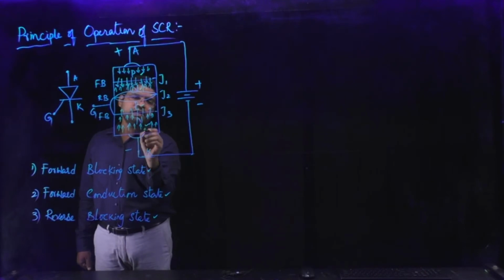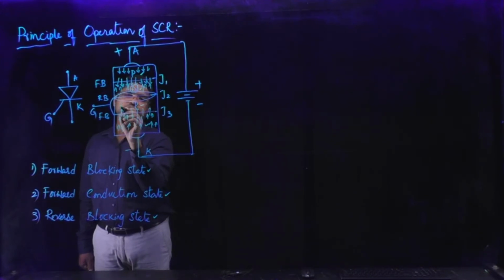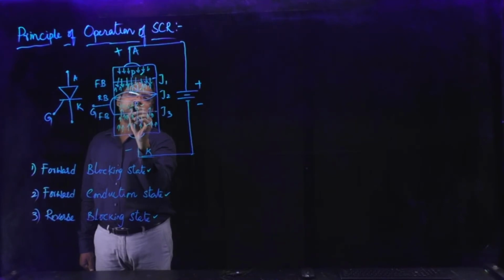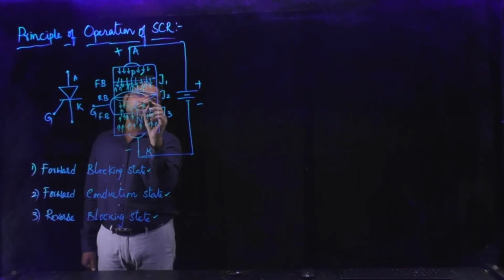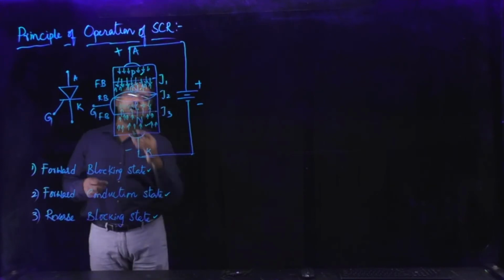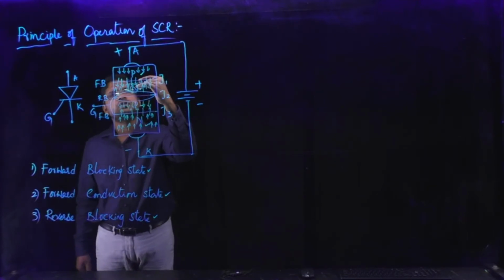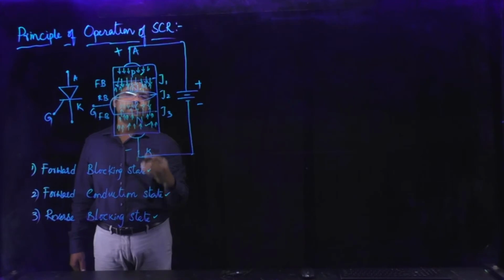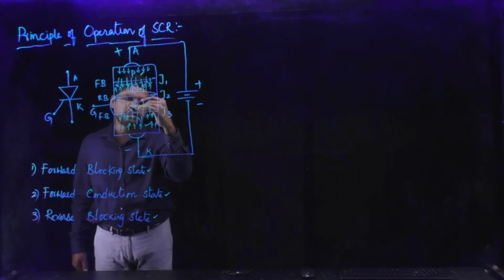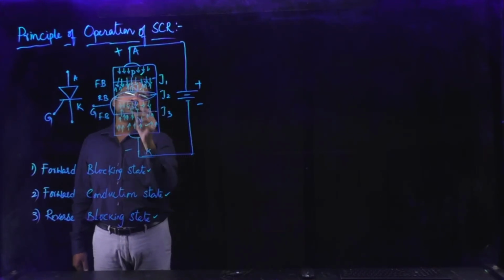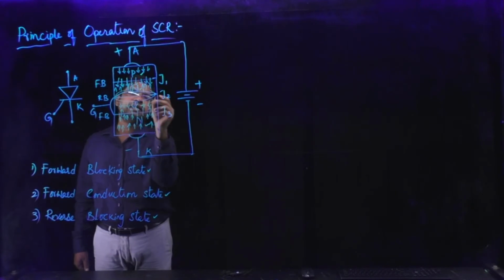Here the majority carriers of the outer N layer are in this direction, meaning the majority carriers of this inner P layer, called holes, are recombining with the free electrons. That means all free electrons are towards the upward direction and all free holes are towards the downward direction. So the depletion layer is increased.